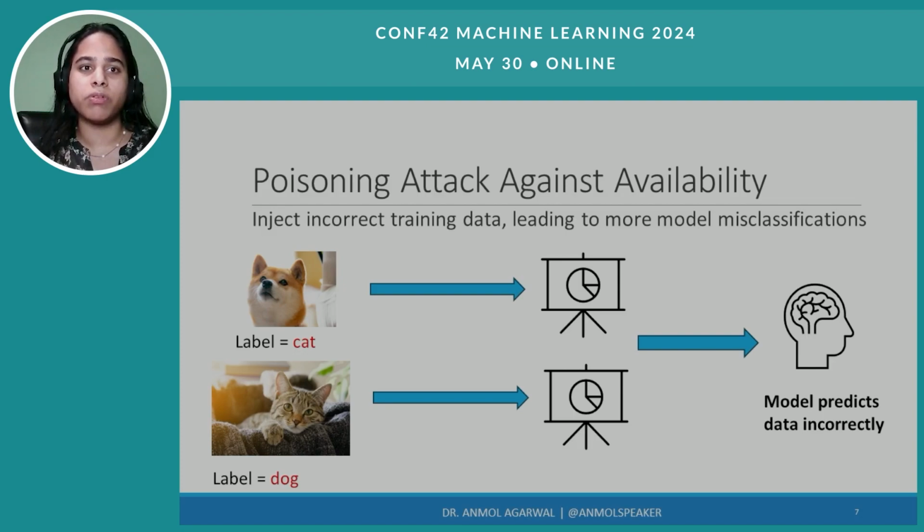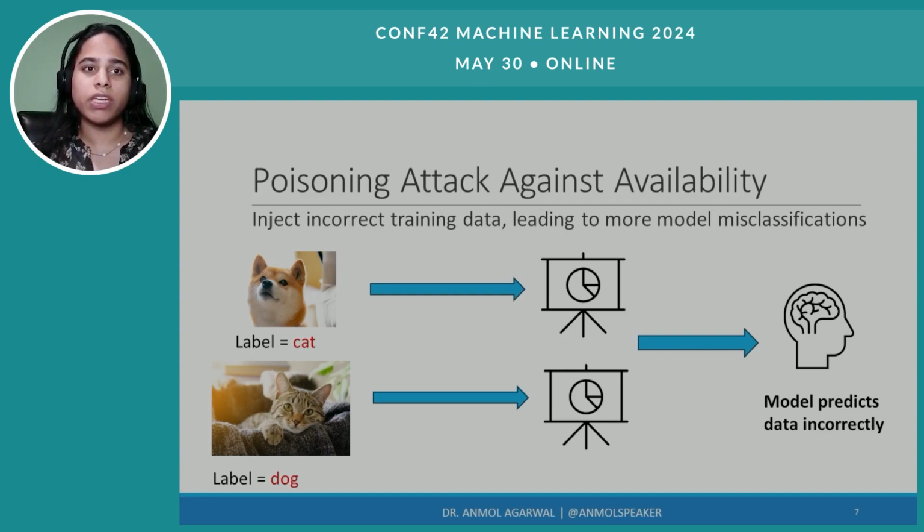This is an example of a label flipping attack. We're giving the model incorrect training data labels, and from that, the model is going to learn incorrect information and therefore misclassify more samples. On the slide, you see that I have a label of a cat and a label of a dog, except the dog is labeled as a cat and the cat is labeled as a dog.